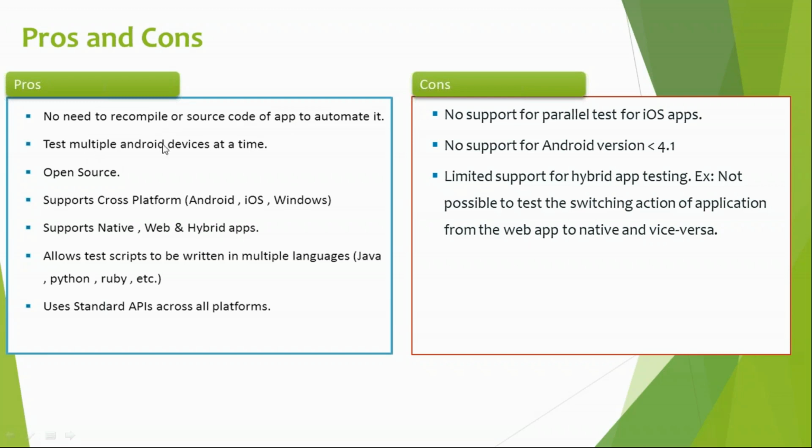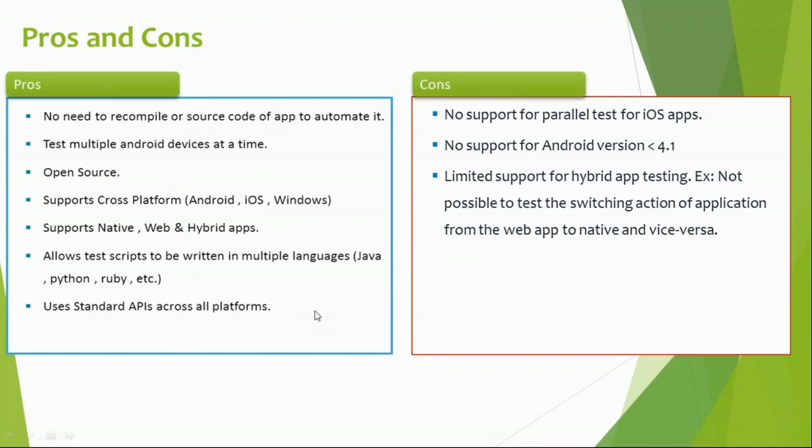And testing on multiple Android devices, you can do parallel execution for mobile automation. That's the beauty here. It is completely open source, no licensing cost is included, and it supports Android, iOS and Windows platforms. Windows in the sense it's not Windows Mobile, guys, it's the Windows operating system, like Chrome browser, Mozilla browser.